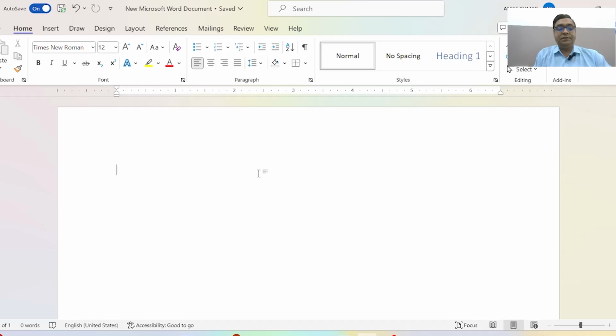First we will write down: computation of income chargeable to tax.